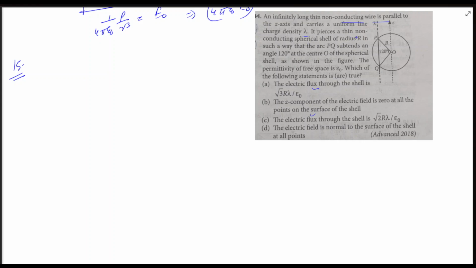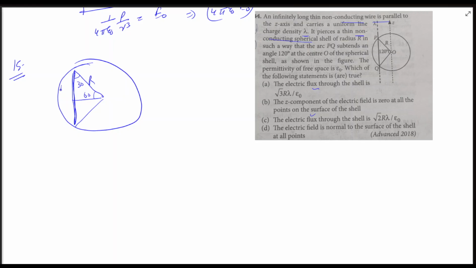So this is our non-conducting spherical shell. If it is a non-conducting shell, there won't be any polarization. Now look, this is the part which is inside. This is radius r. This is 120 degrees, so we can consider it as 60 and this is 30.